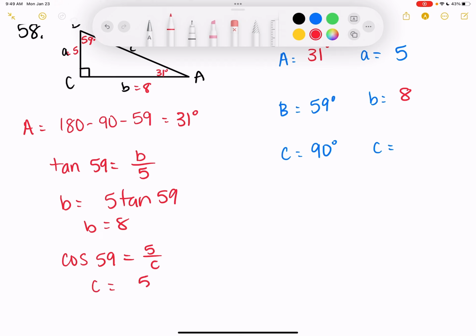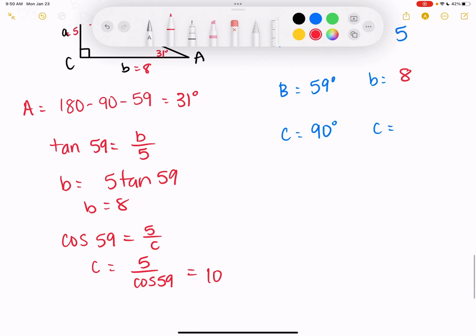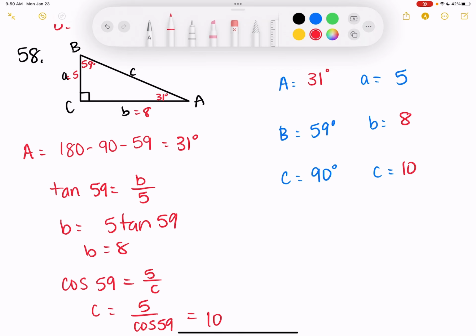So c is equal to 5 divided by the cosine of 59. So then that's everything that you need for that. Any questions about these?